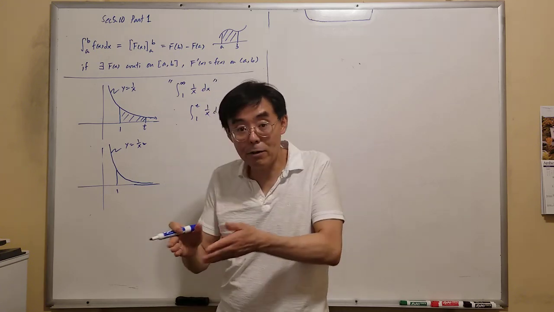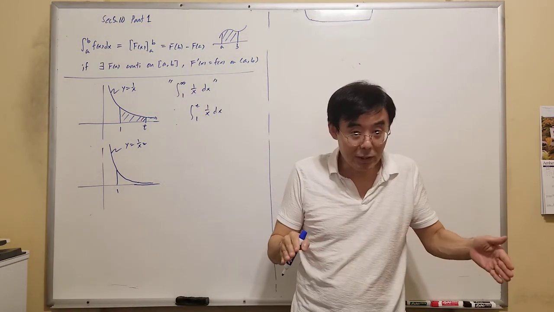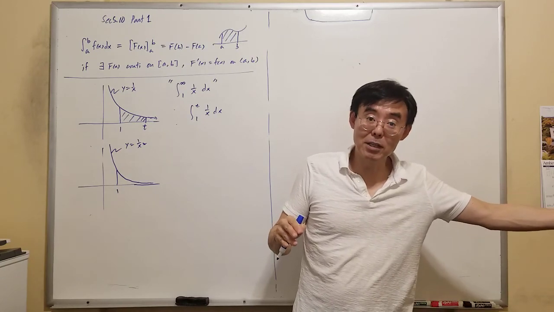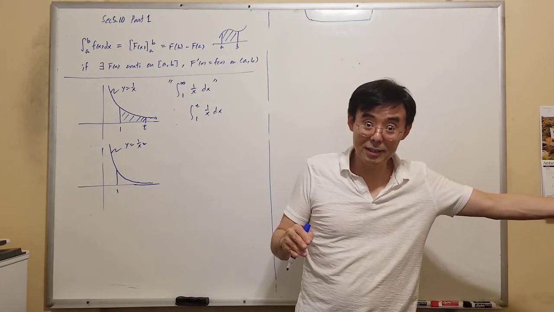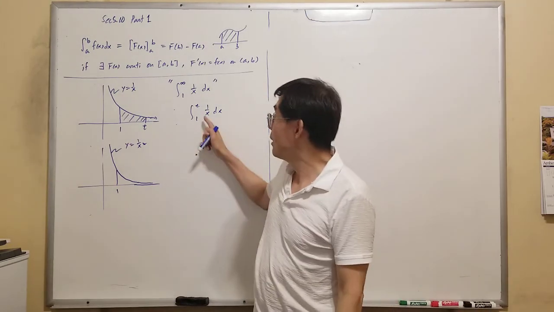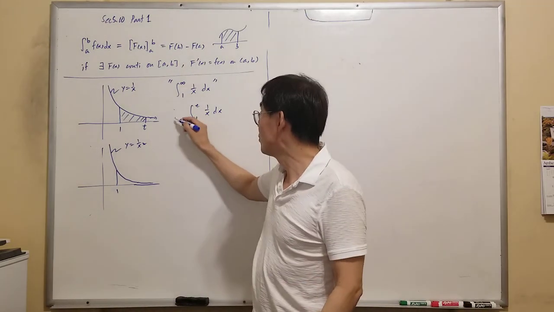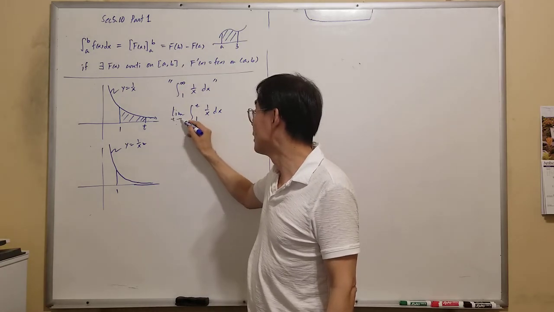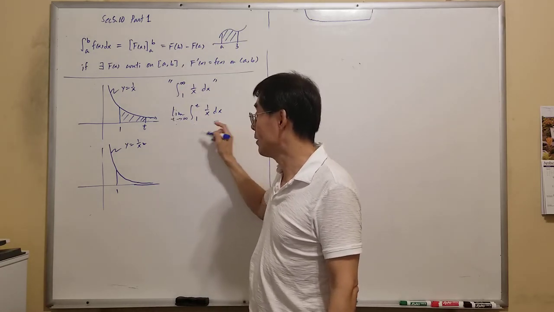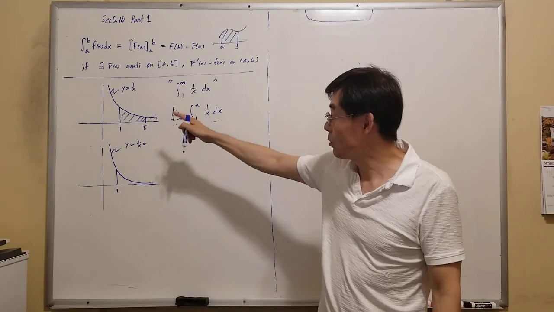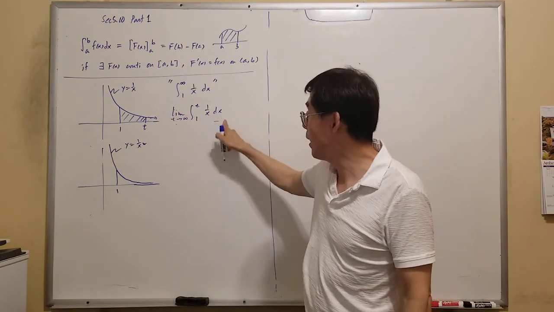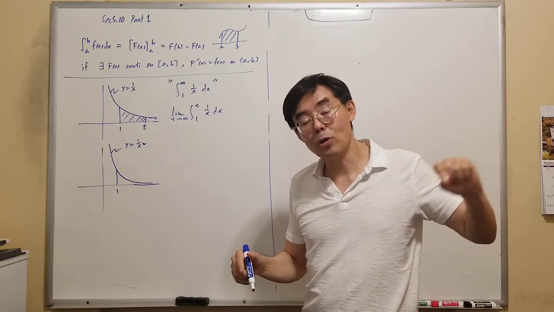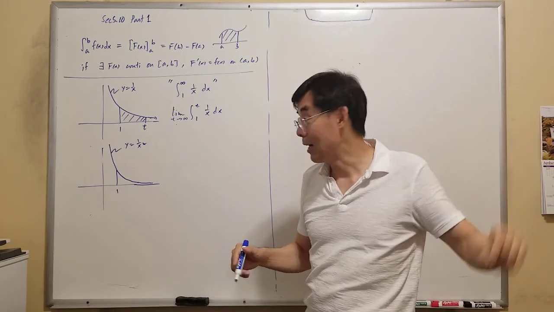This is the so-called area so far function from 1 to t. We let t grow larger and larger, million, billion, trillion. In the process, as t grows to infinity, is this definite integral, the area of the region from 1 to t, approaching some finite number or going to infinity?